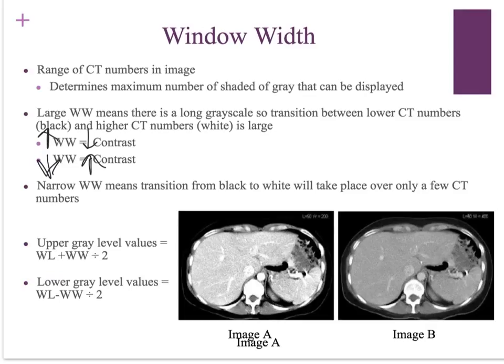So in the image shown here, image A has higher contrast, which means it has a narrow window. And I know this because it has fewer shades of gray. And the image on the right, image B, has low contrast because it has a wide window, meaning that there are more shades of gray. So this one has more black and white, which means fewer shades of gray. This one has more shades of gray.